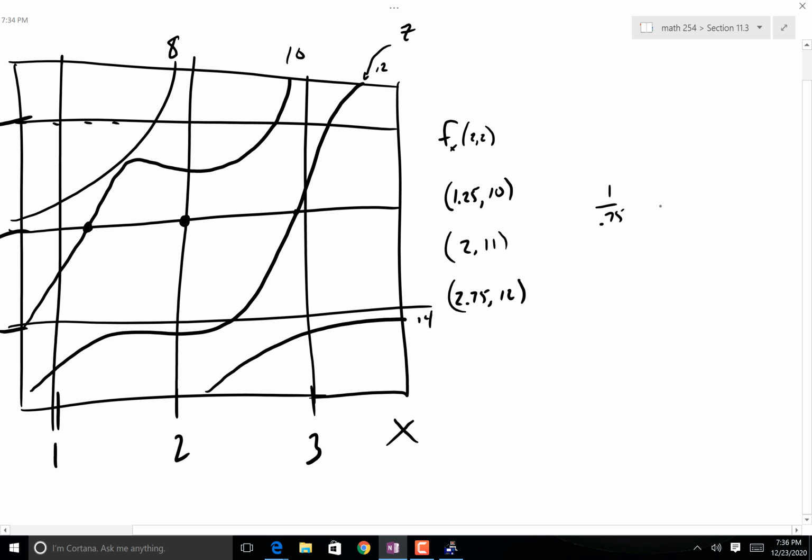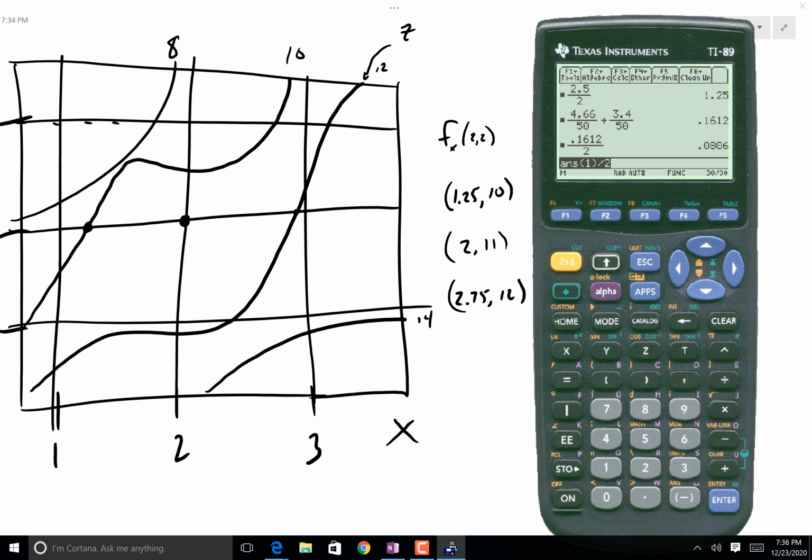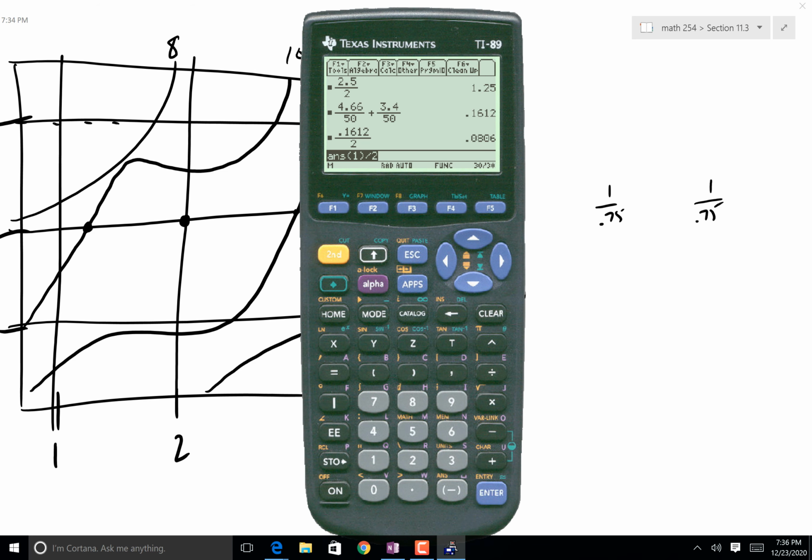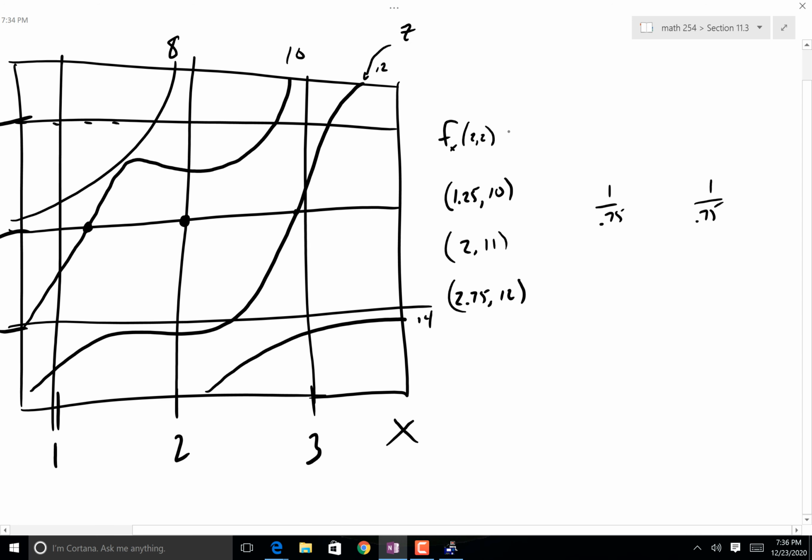That's my slope. And for the other one, it's a 1 change over 0.75 again, handy. Because they're both 0.75s, I'm not going to sweat it too much. I'm just going to average them. So we're getting an increase in this direction of 1.33.